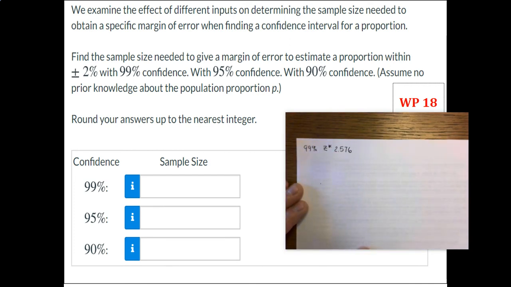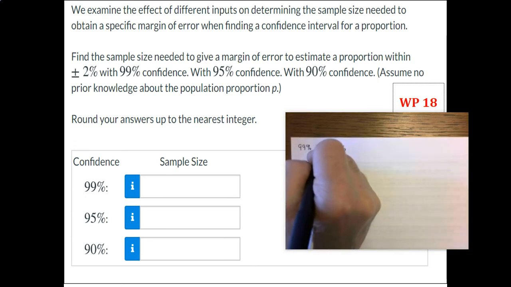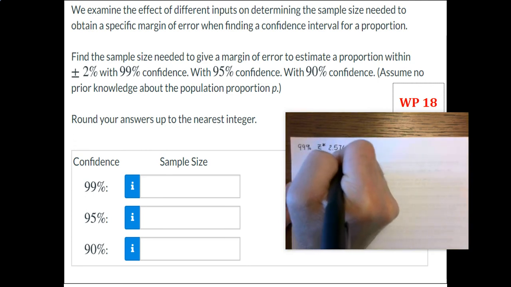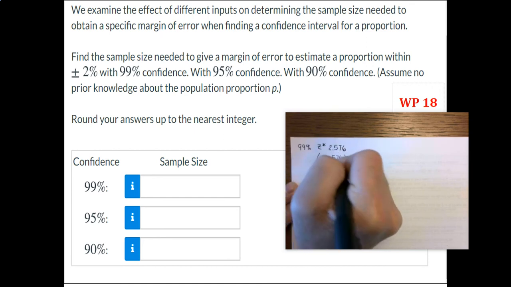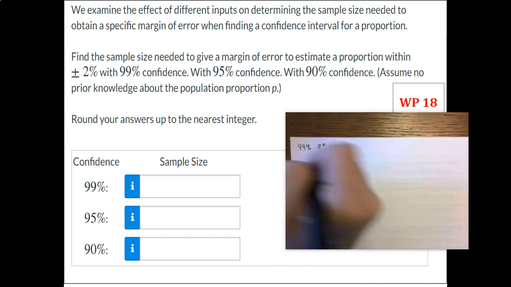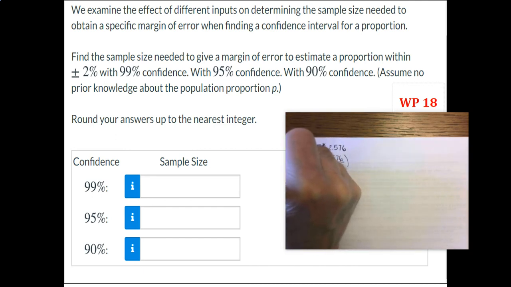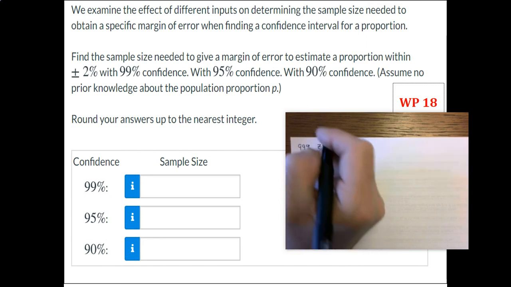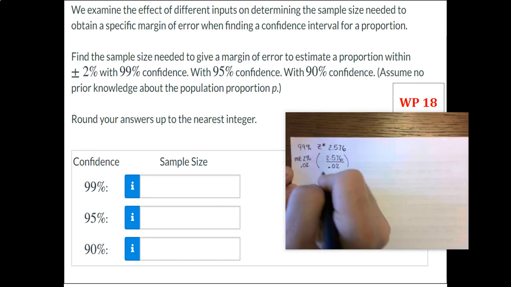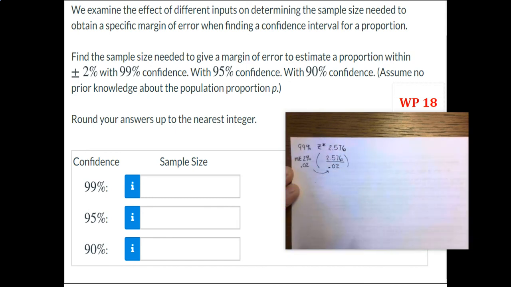So we're going to take the formula, 2.576, and divide that value by 0.02. 0.02 was my margin of error. Remember, the problem says it's a 2% margin of error, and the decimal equivalent for 2% is 0.02. That's why it goes here, because remember, we divide by the margin of error.